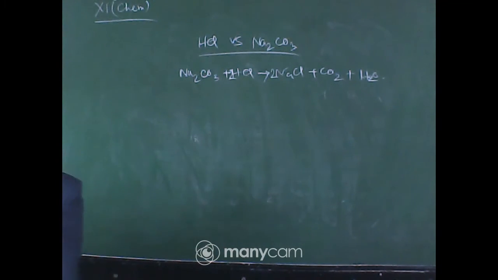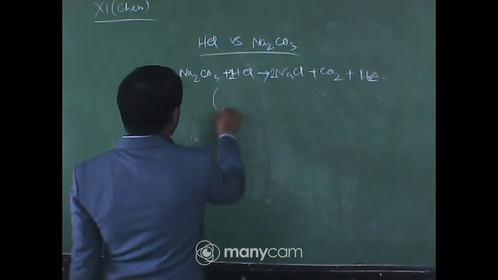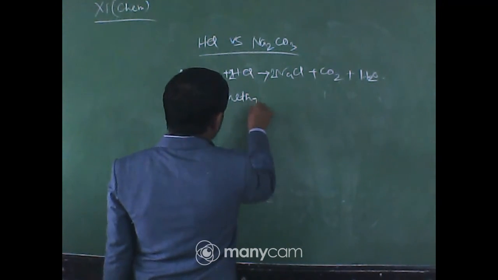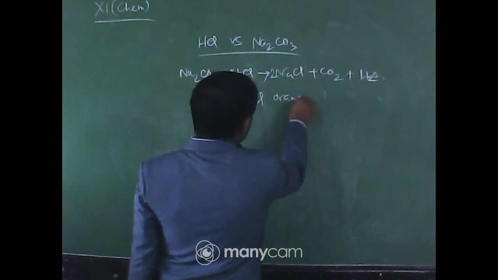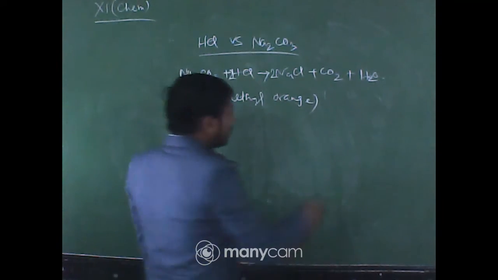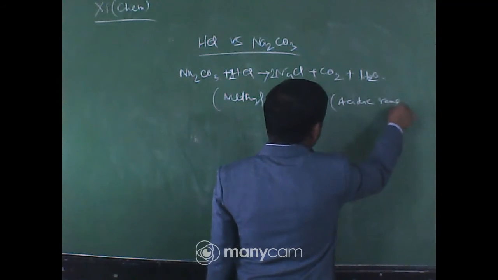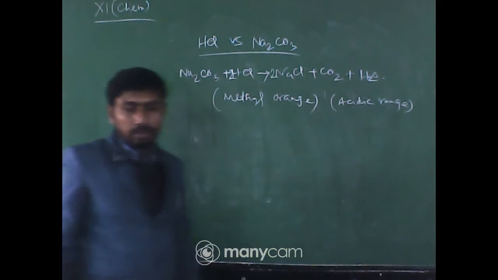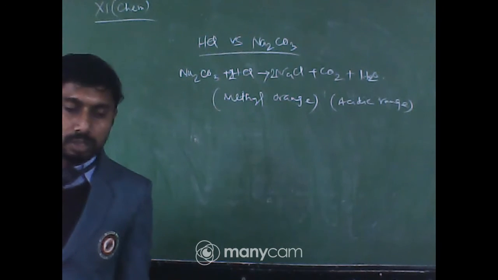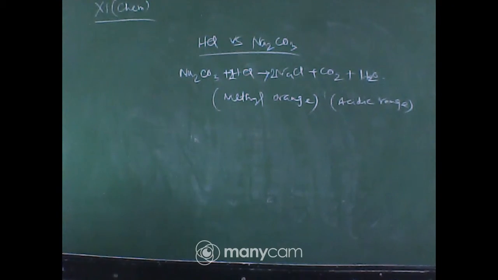Okay, so this is the balanced chemical equation. What is the indicator used here? Methyl orange. Methyl orange gives its change in the acidic range, that is around 3.5 to 4.5.